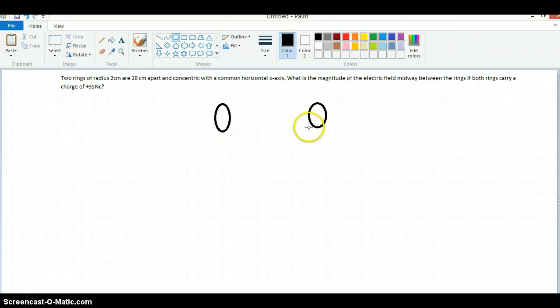Since the radius is equal, I want to make them look alike. So there we go, and they have the same radius and they are a certain distance apart, from here to here. They have a distance of, let's say, 20 centimeters.